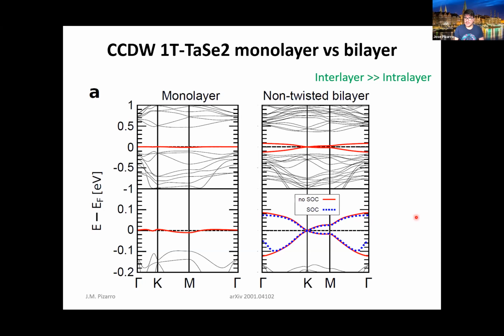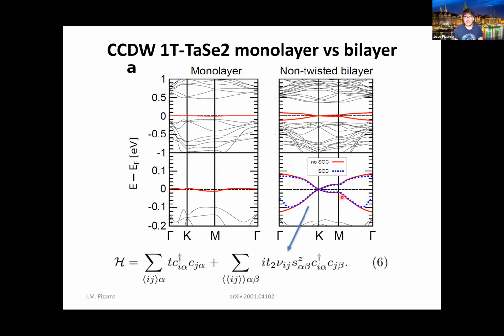And actually, since we wanted to see what's happening with correlations but also with topology, we also include the spin-orbit coupling here. The effect of spin-orbit coupling can be easily reproduced by a small gap opening at the K point, right? Generally, when you want to include spin-orbit coupling, at least in the Kane-Mele and Haldane model, you should include these imaginary hoppings with some special phases.